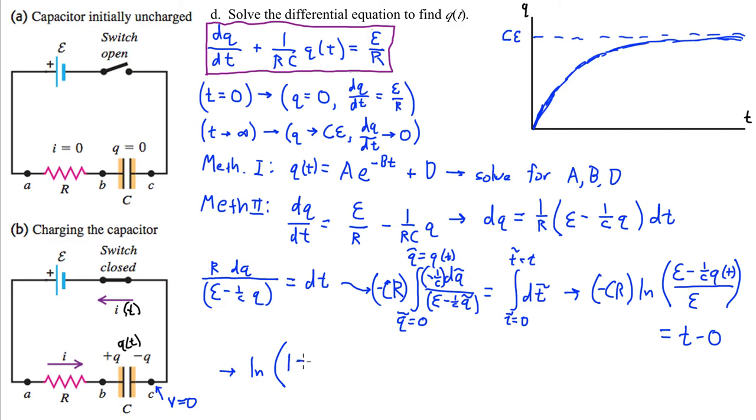I hope this is right. 1 minus 1 over capacitance EMF times Q is going to equal, and I'm taking the CR and multiplying over there, negative t over RC. Take the exponential of both sides, you get 1 minus Q over C times EMF equals e to the negative t over RC.